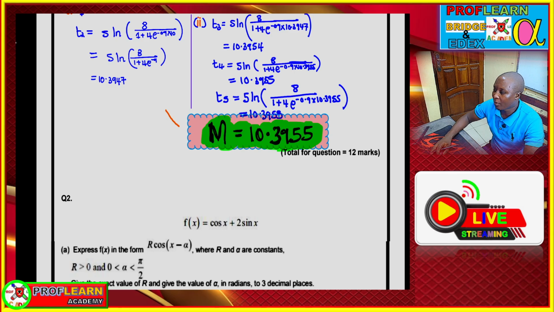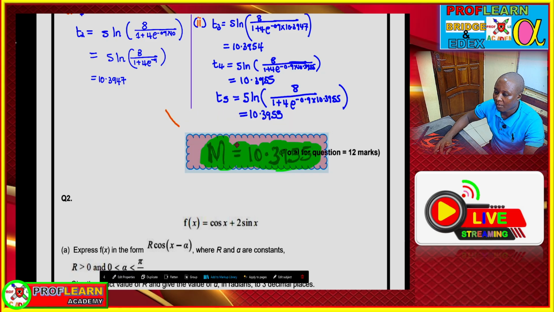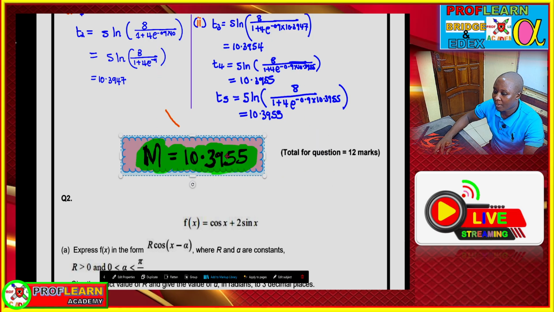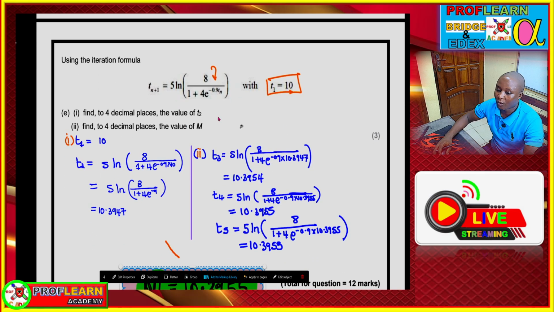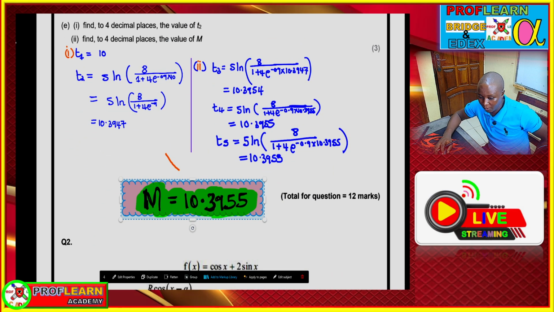So I reached a point where even if I did the substitution, nothing was changing, and that became the solution, which is 10.3955. And in such kind of question, you have to remember to give the accuracy which the question was expecting you to give.